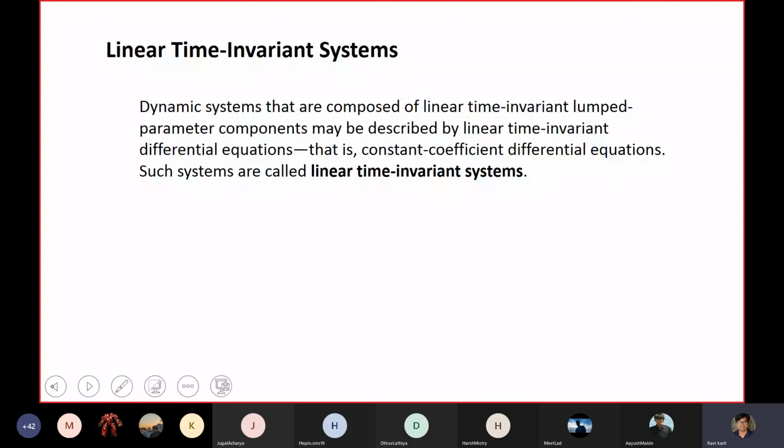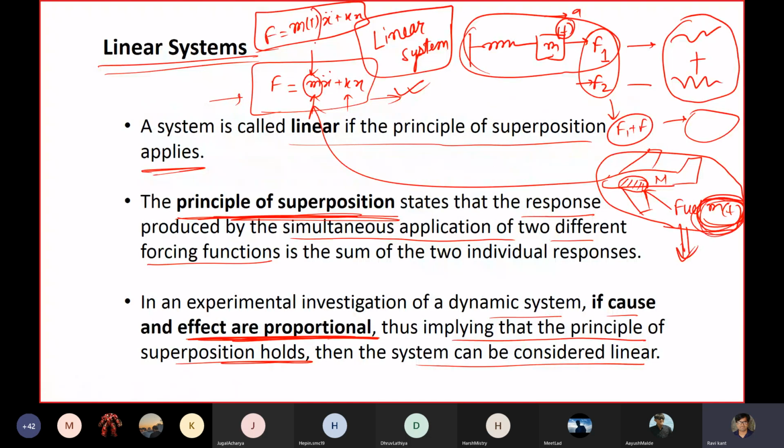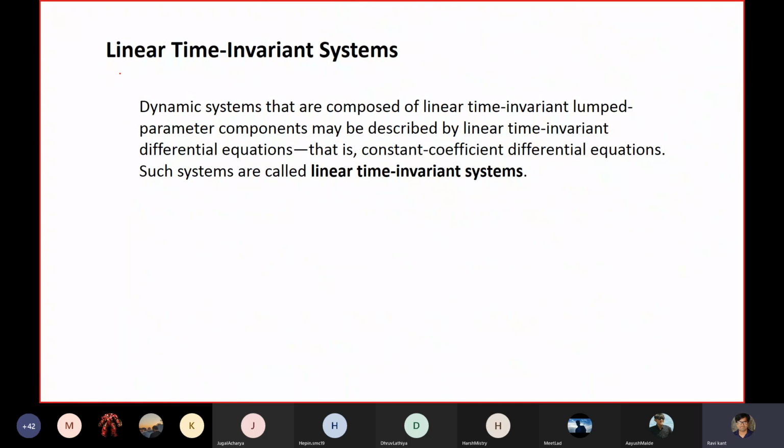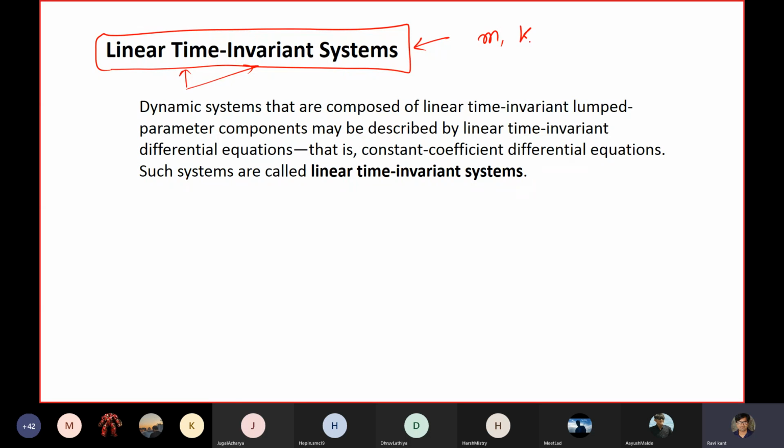And just now what I have told you is that m being a function of t makes the system not a linear time invariant system. And this is the last assumption we will take up in this course, that all the systems will be linear time invariant systems. Your intrinsic properties such as mass and spring constant should not be a function of time, so to say, and thus make our life easy to solve.